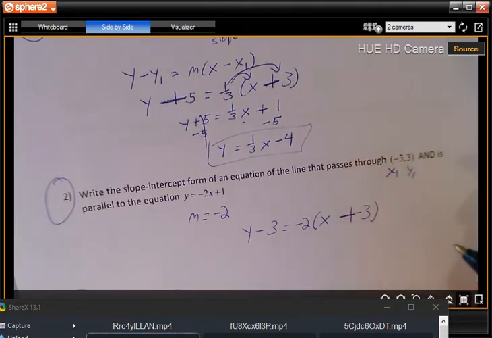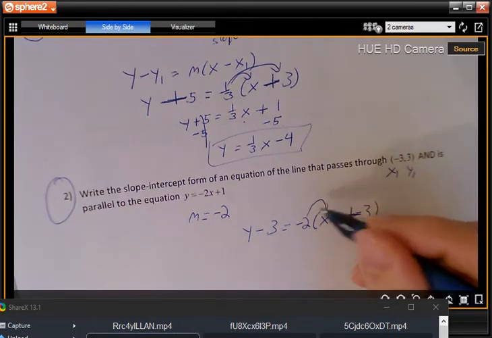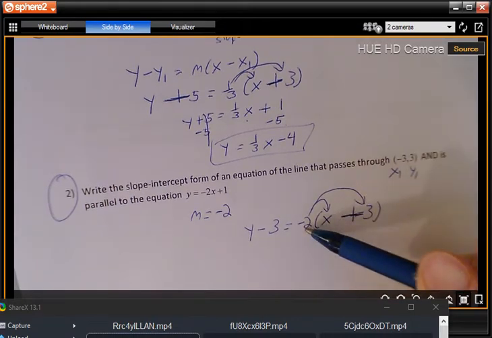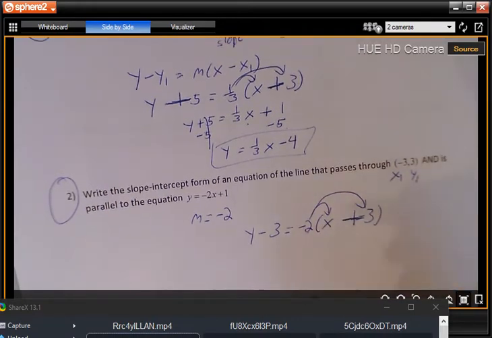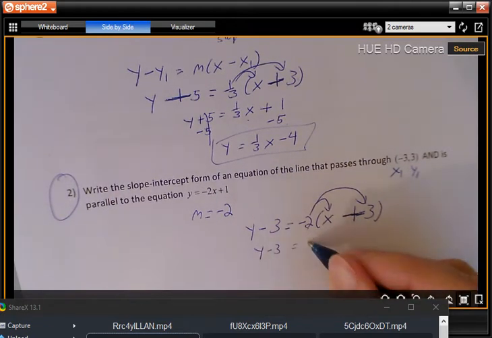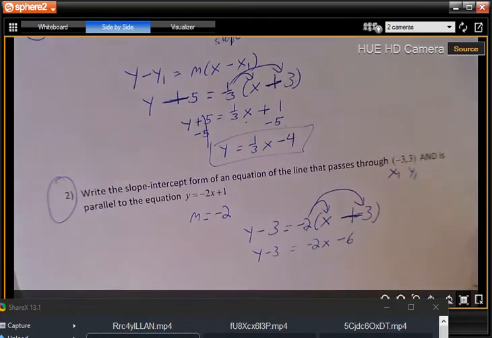My next step is to distribute. I'm using these arrows to show distribution because I don't want to just times -2 by x, but by everything inside the parentheses. Y minus 3 equals -2x minus 6.